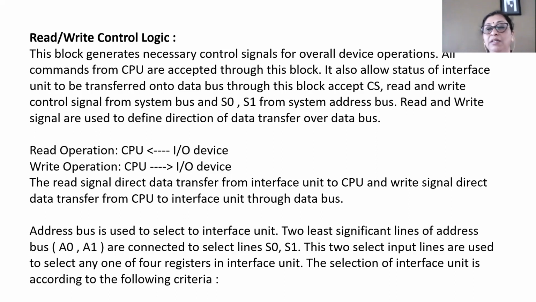Port A register, port B register, control register and status register. These registers can be selected by the central processing unit by writing bit values to the S0 and S1 lines, which are called select lines.